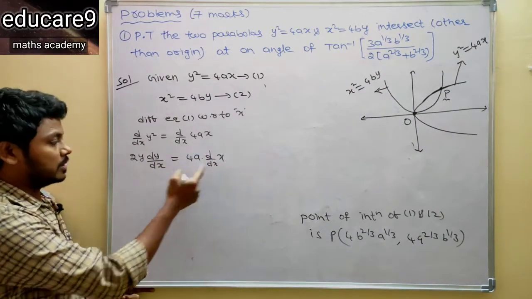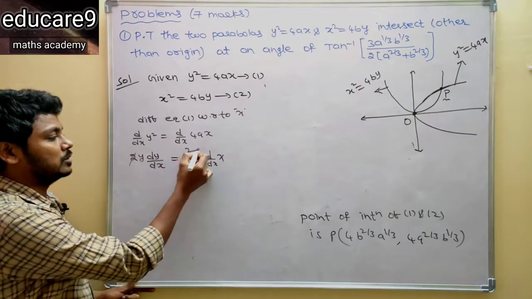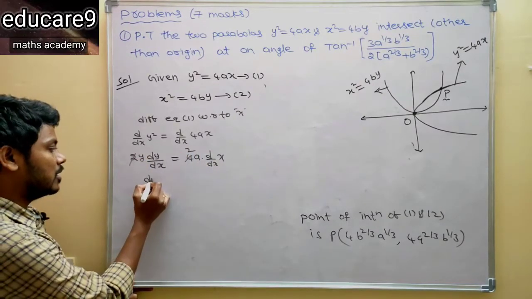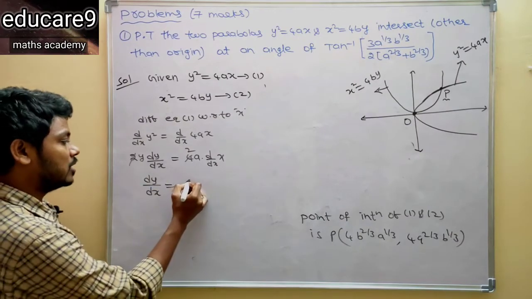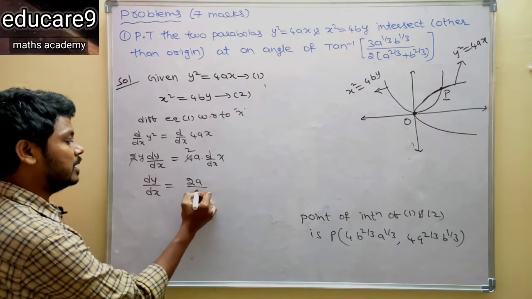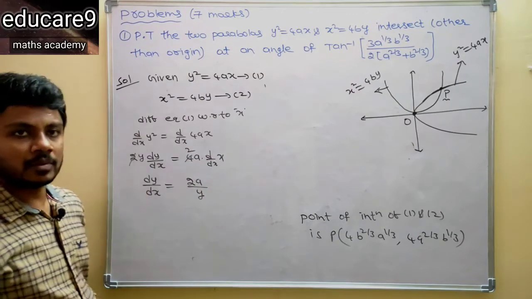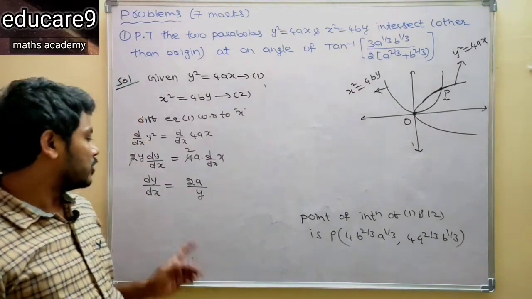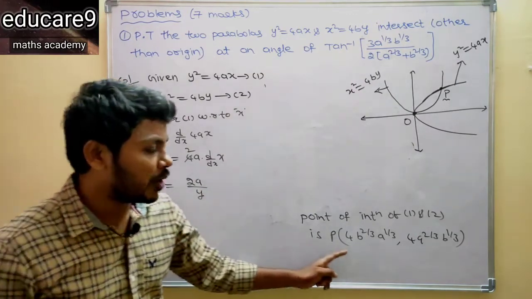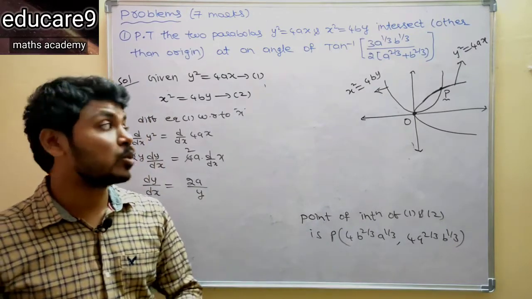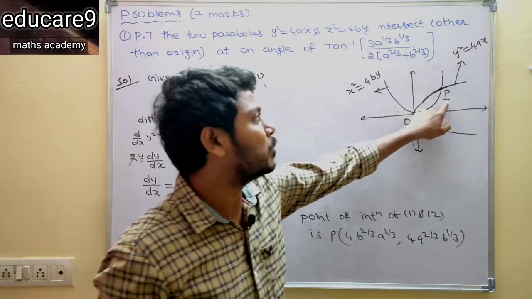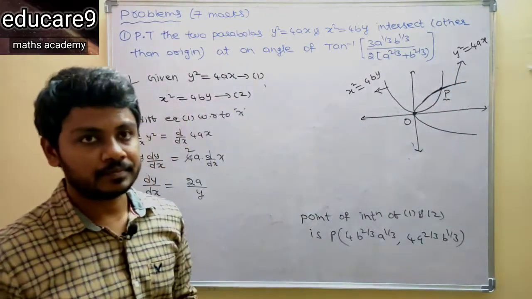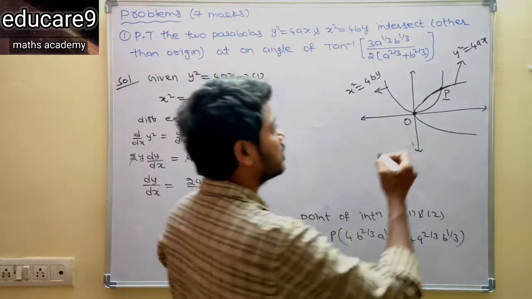So this value is 1. So 2 cancels with 2. Therefore dy by dx is equals to 2a divided by y. Okay. Now we need to find the derivative at the point P, that is the slope of the tangent at point P to the curve. Okay. So this one.